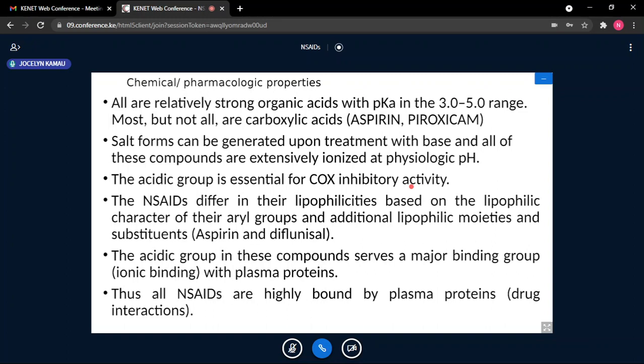Because if you give other drugs which also bind plasma proteins, then it means these non-steroidal anti-inflammatories will not be completely bound. And once they are not completely bound, it means their concentration in the blood will be higher than is acceptable. And once their concentration is higher, that can be a source again of toxicity.